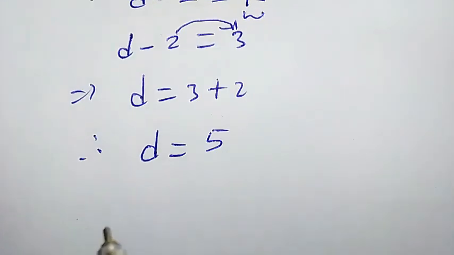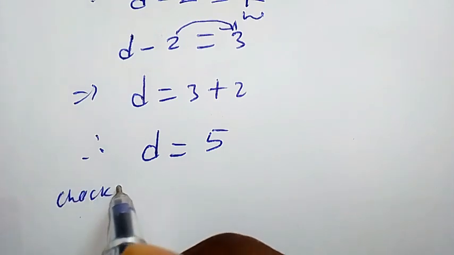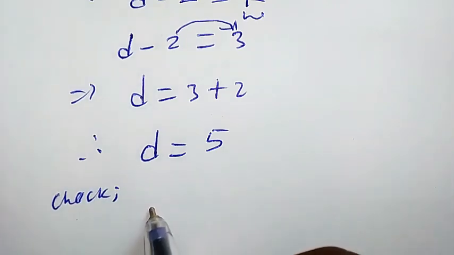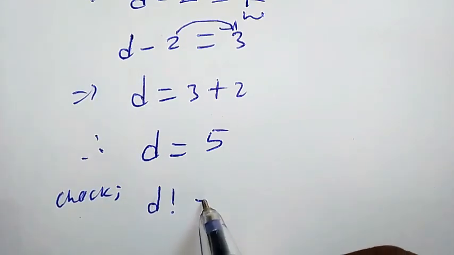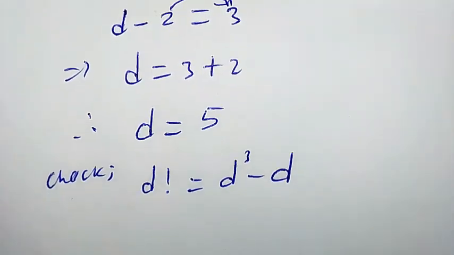We can verify if this is true. So this is the check. The original question says d factorial equal to d to the power of 3 minus d, and the value of d that we obtained is 5.